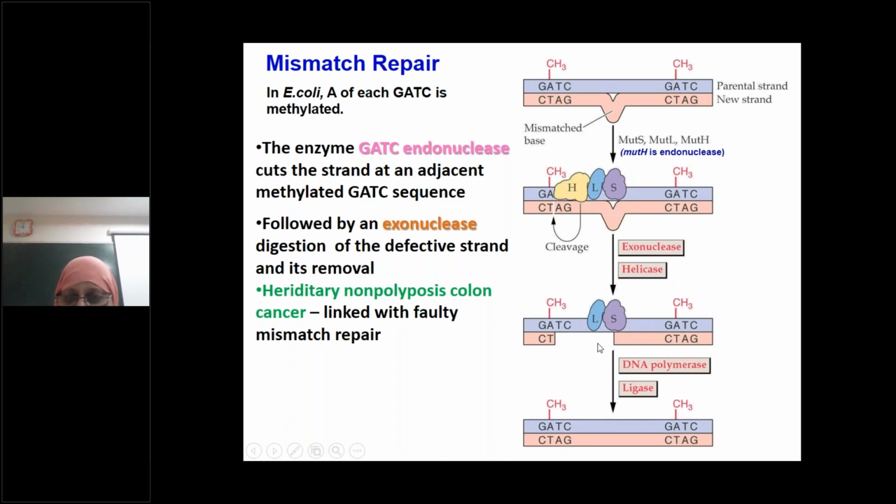And here again this gap will be filled in with bases by DNA polymerase, and sealing will occur by ligase. Now, if there is a defect in the mismatch repair mechanism, it may result in a condition known as hereditary non-polyposis colonic cancer.